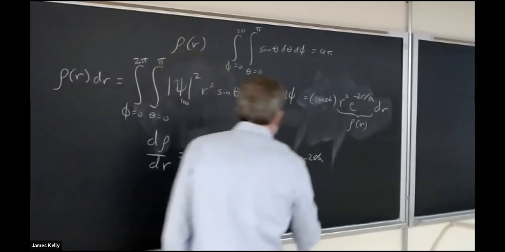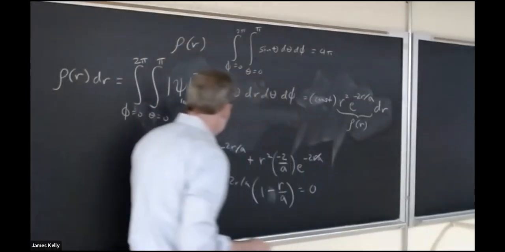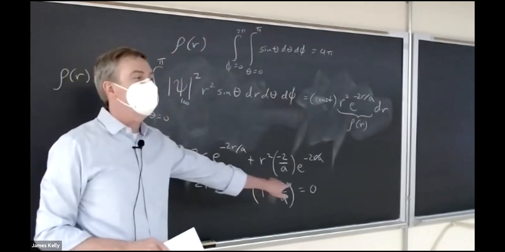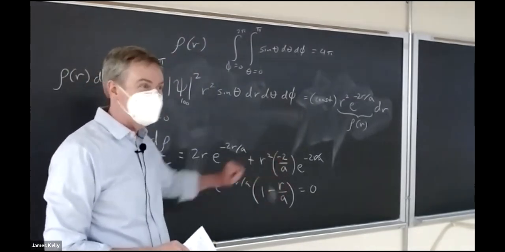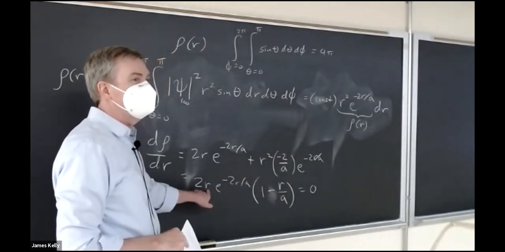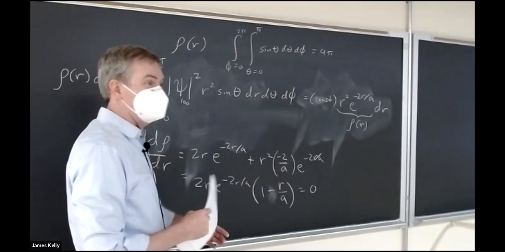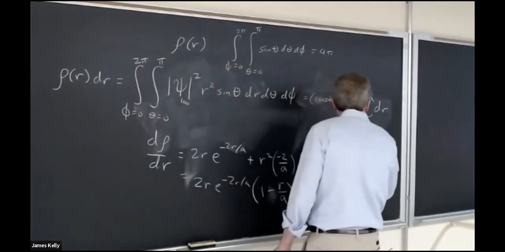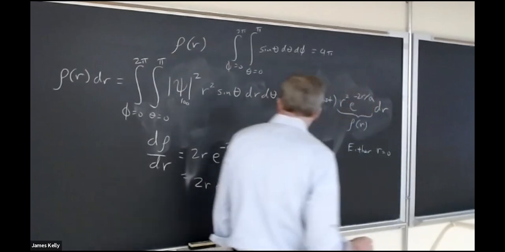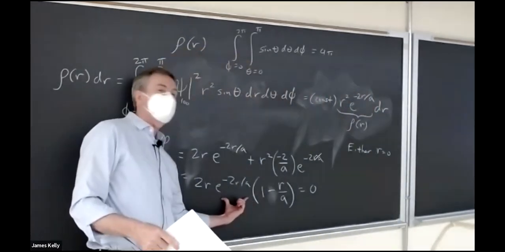So we're going to take the derivative and set it equal to 0. Okay, I've got a product of a bunch of things equaling 0. One of them has got to be 0, right? 2 is never 0, so don't worry about that. r is only 0 at r equals 0. So I would say either r equals 0, or where is this 0?